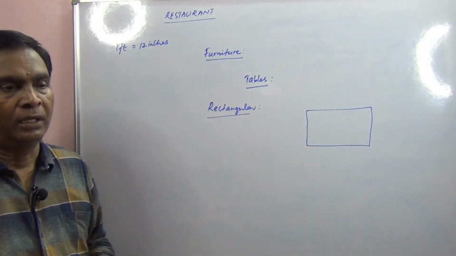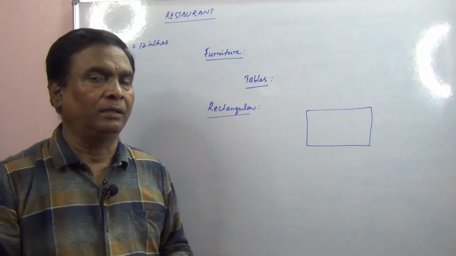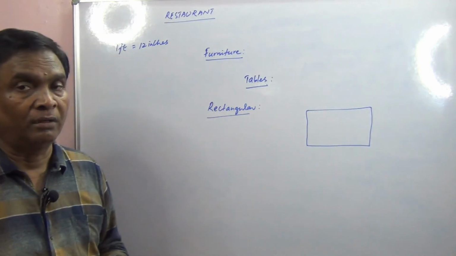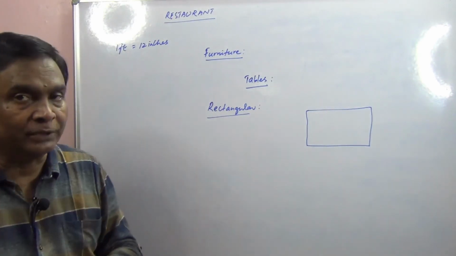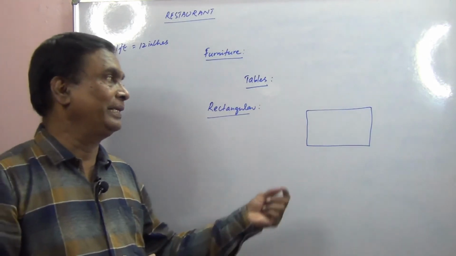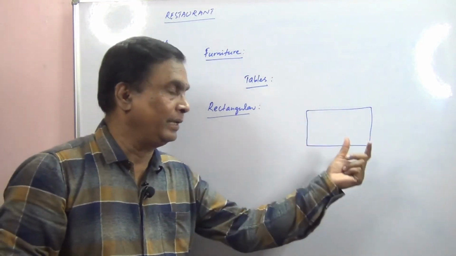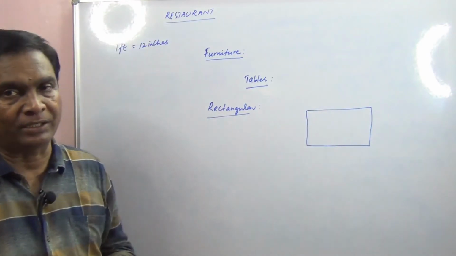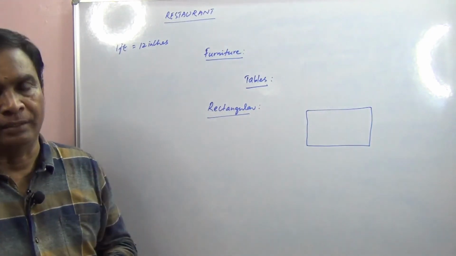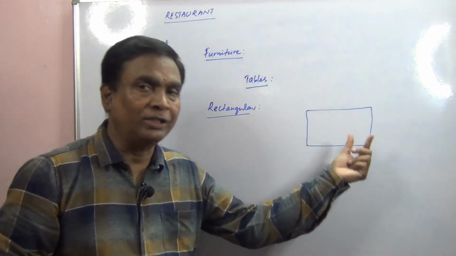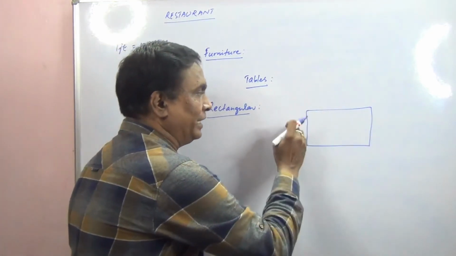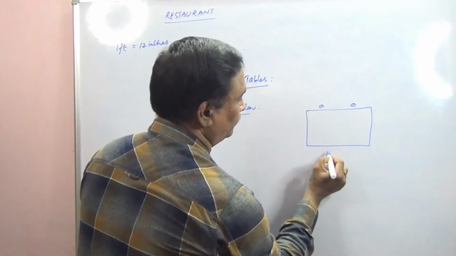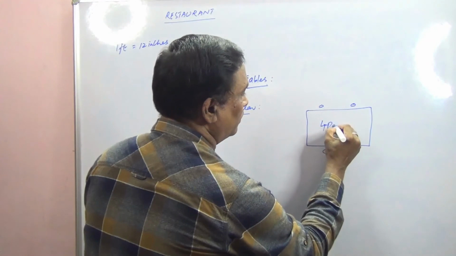But sometimes when a guest comes with the family, there are 6 members and the restaurant is quite busy, they don't find any table, and the only table left in the restaurant is a rectangular table which is meant only for 4 members, then we can politely say to the guest, for the time being we don't have any 6-seater, so if you can adjust yourself, we can arrange 2 more chairs, 2 this side, 2 this side, generally for 4 packs.